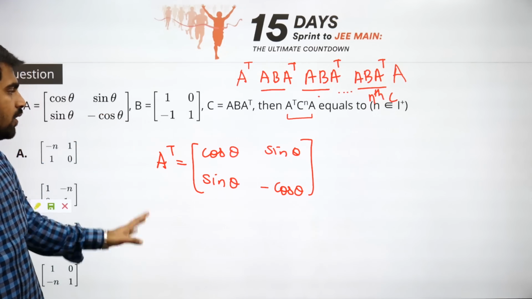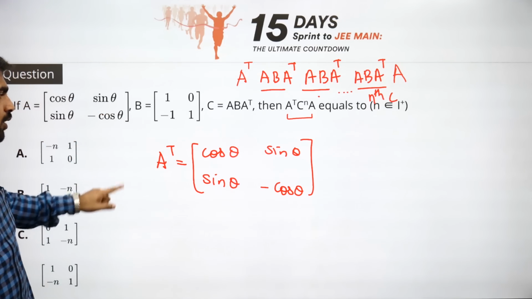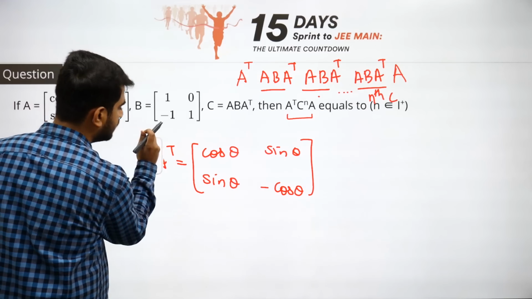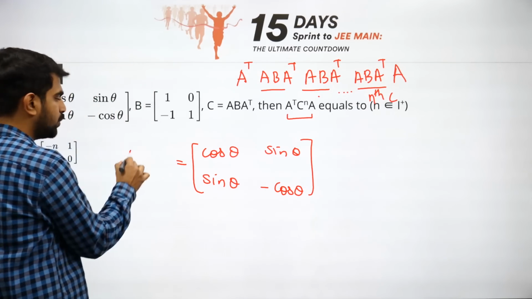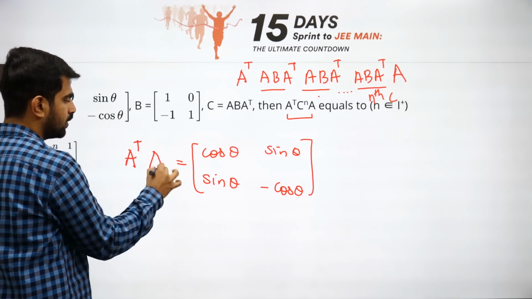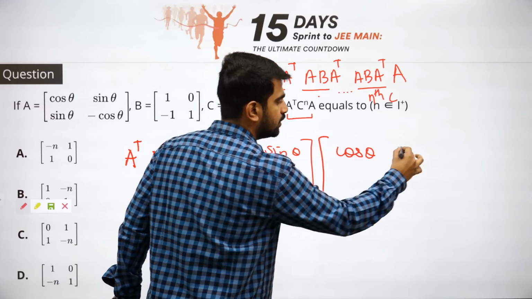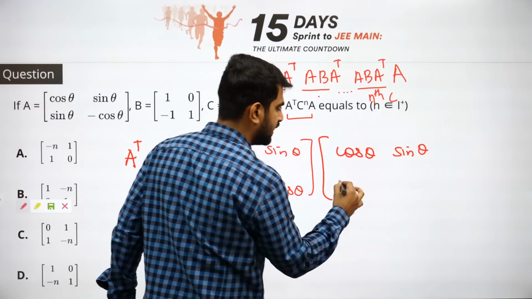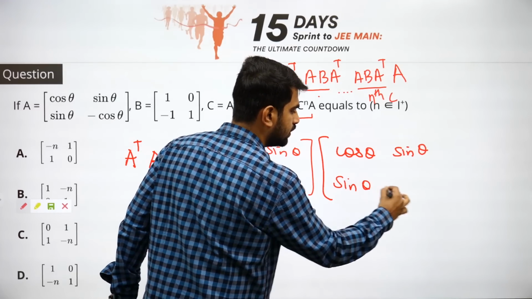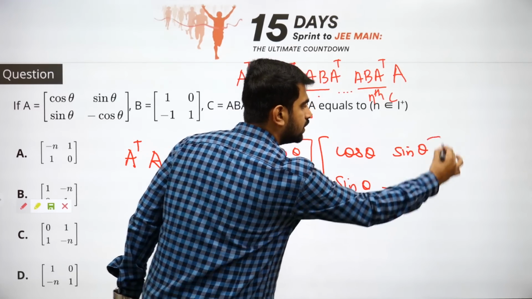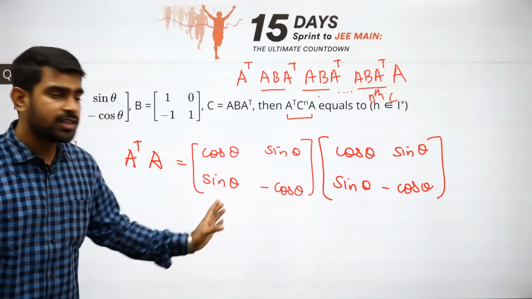Perfect. Now, I want to multiply these two. So, I want to do A transpose into A. So, that means I will multiply with A. Let us check what happens then. Okay. So, guys, listen very carefully. Now, what is going to happen?